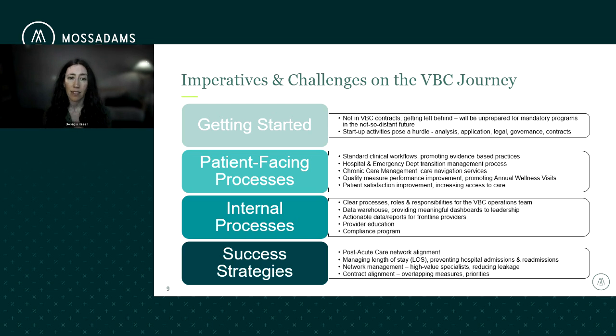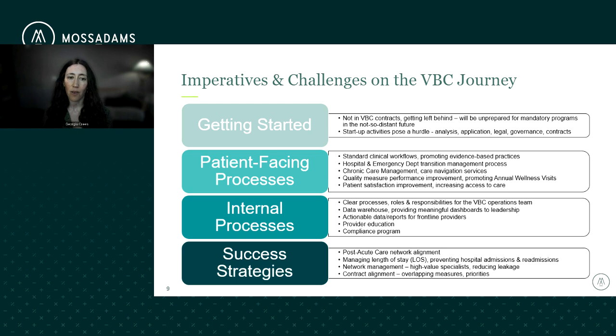Our internal processes: how are we going to define our team and our processes? What are we going to do in terms of a data warehouse and reporting? Very important, not only for leadership, but also having physician and provider facing reports that are actionable for them, kind of checklists and care gap lists, that kind of thing.